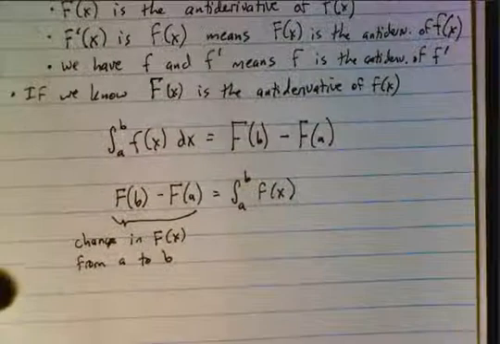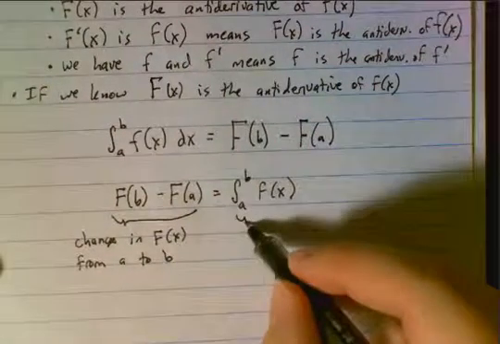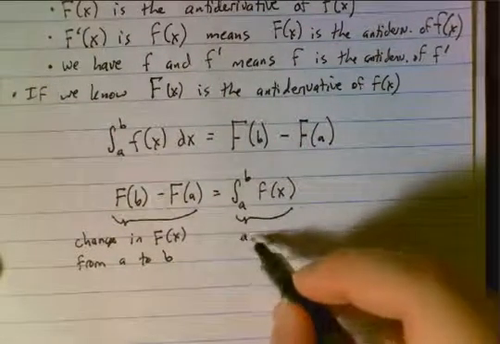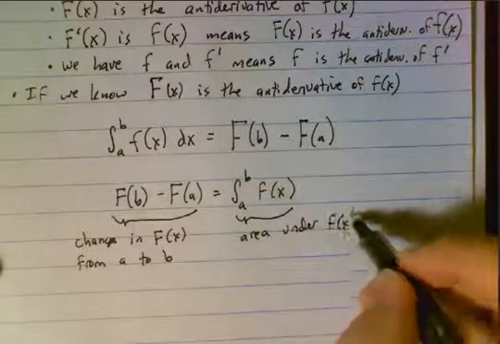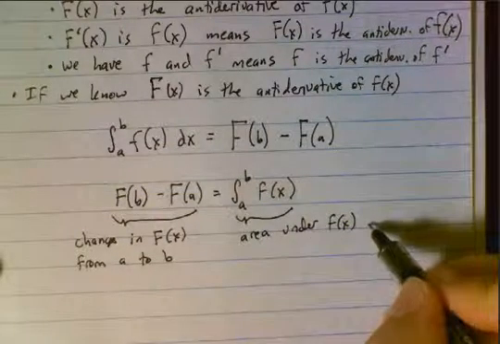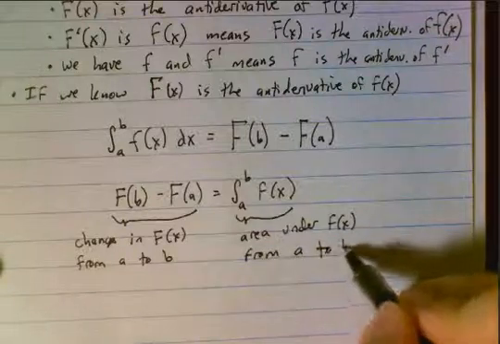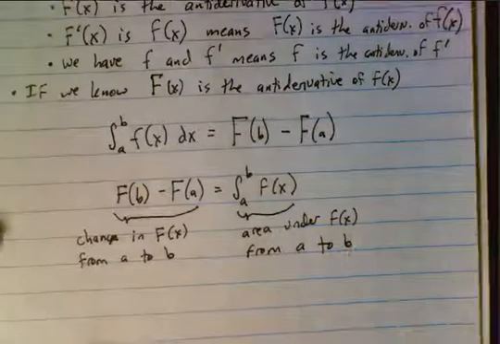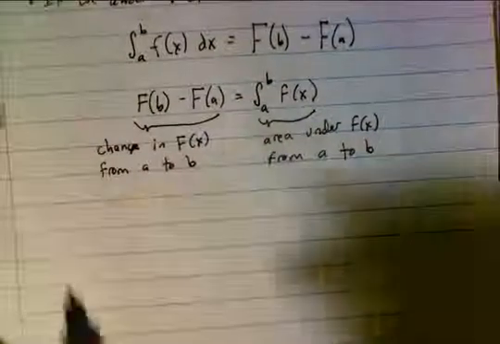So if we're asked about that, or if we know that, that's what it's talking about. And we have to remember that this can also be thought of as the area under the f of x curve from a to b. So we have to keep those things in mind when we're working with problems like the following.